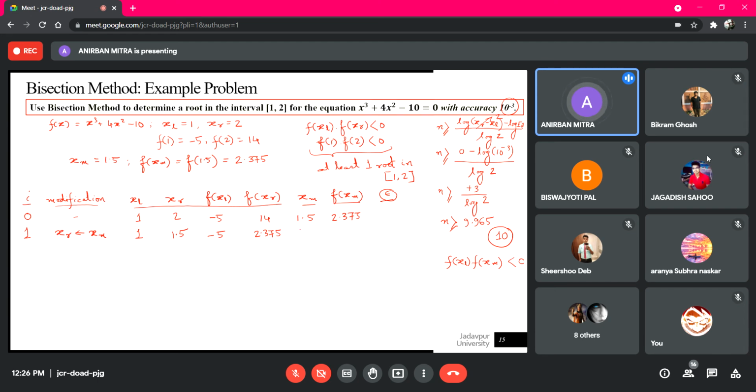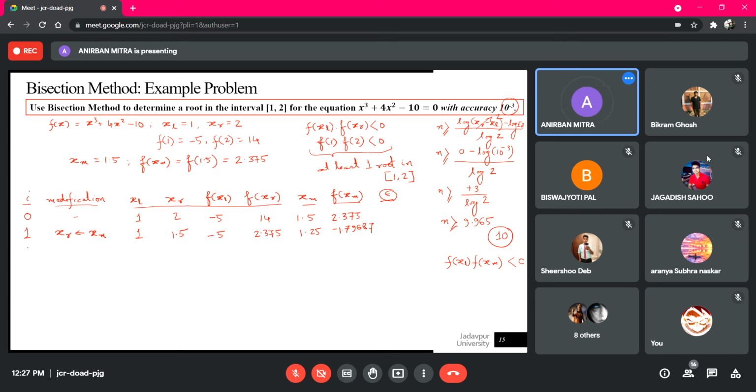Now we go for the next iteration. Midpoint between 1 and 1.5 is 1.25. We will put this 1.25 in the function. And what is the value? Let me just check here. That is going to be minus 1.79687.